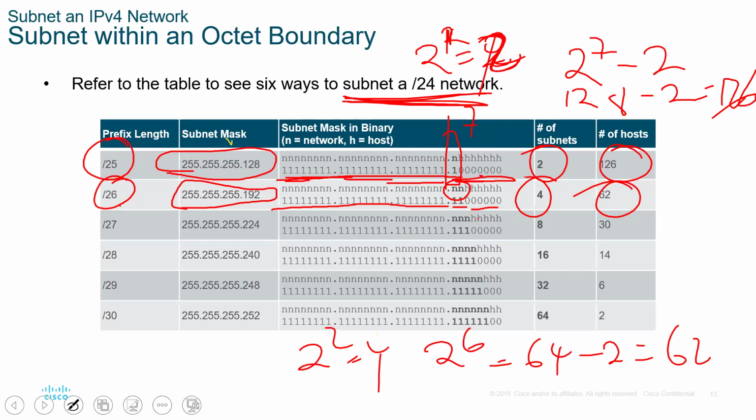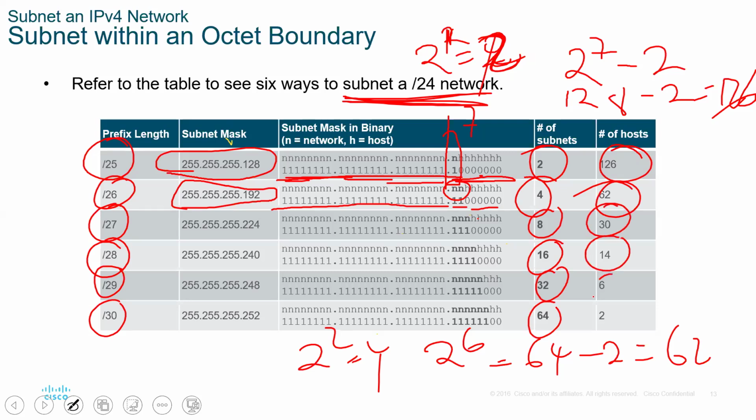Now, I want you to observe, as the slash notation increases, 27, 28, 29, 30, you will see that the network portion, the number of subnets that it can give you, increases. And then the number of hosts that you can get decreases.